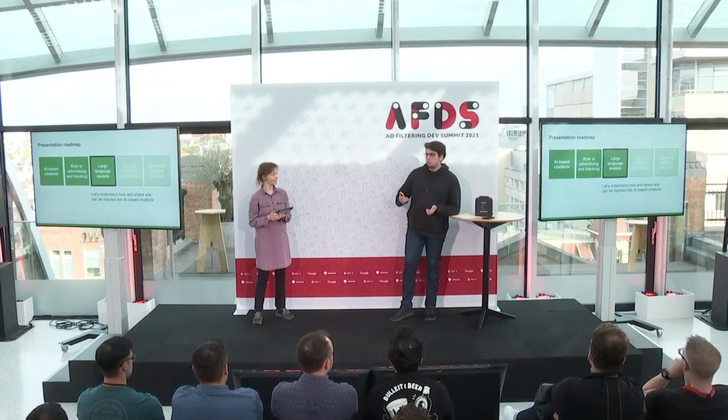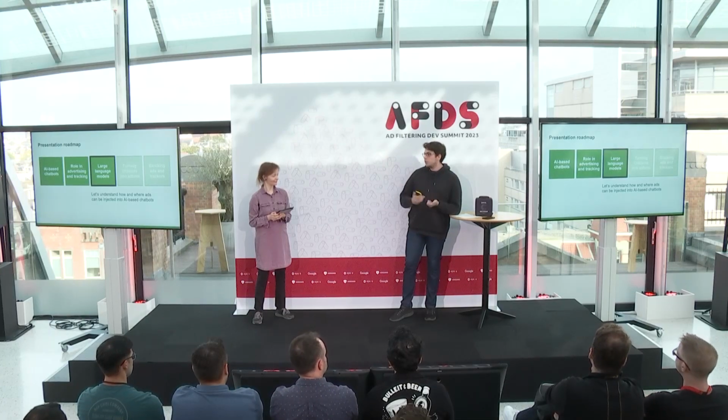We will not go into a deep dive in AI or machine learning, but we need to understand where we can integrate ad blocking in these apps, at what stage. Is it model training or prompt engineering or something else?